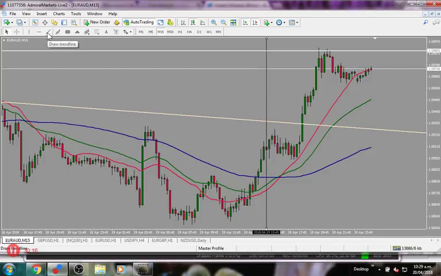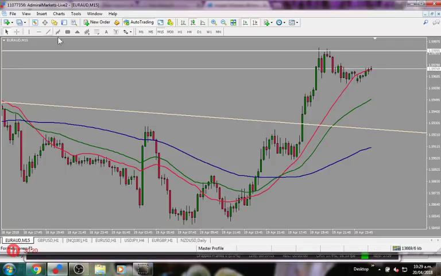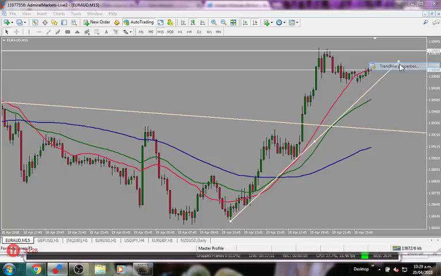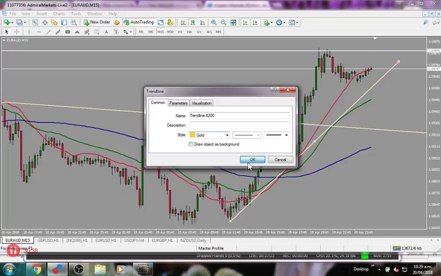You can also now draw support trend lines. Because now we've got this trend line established, let me make this a different color. Maybe make that gold.